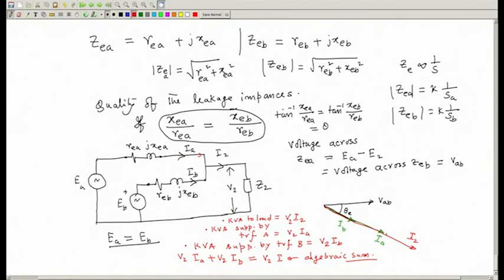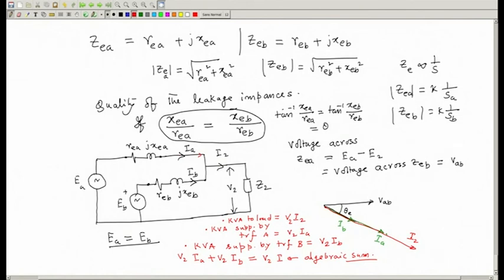For the example we have taken, 6 kVA, 4 kVA and 2 kVA transformers, we have paralleled them. If the leakage impedances of these two are in the ratio 1:2 or 2:1 that we have seen, and also the angles of each of these leakage impedances are the same, qualities are the same, then your output kVA will also be 6 kVA, and that is the best thing.